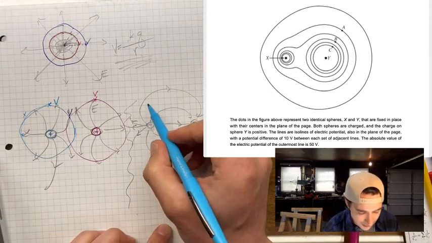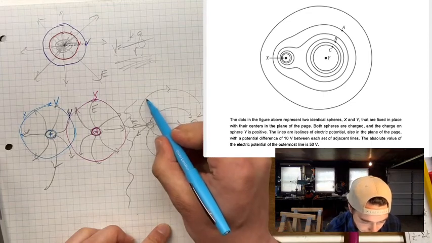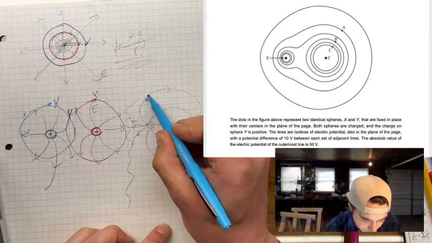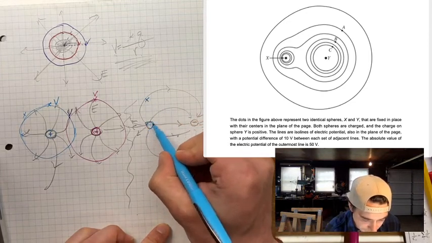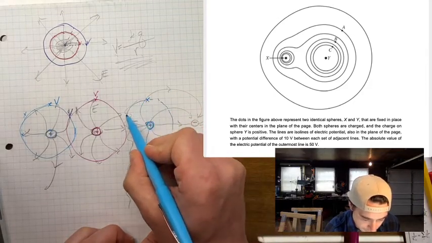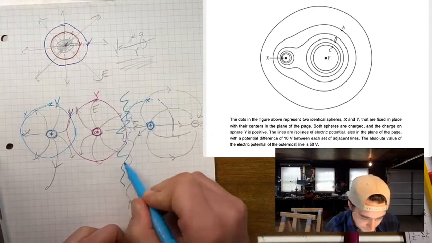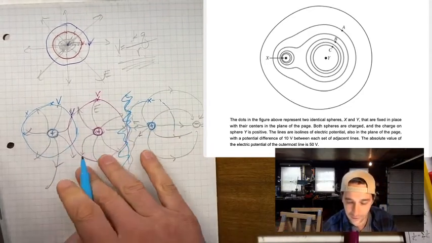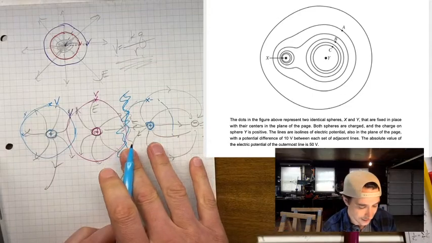Now, let's think about that here. If I have some location, there will be some V from this positive, right? And all the way around this, remember, we've kind of divided this. These are not two totally isolated systems.